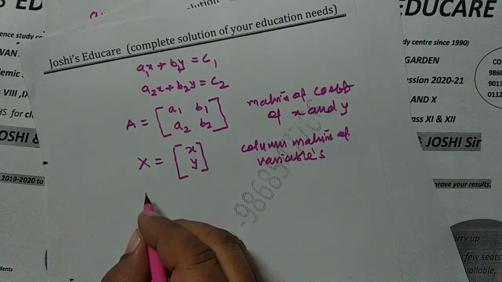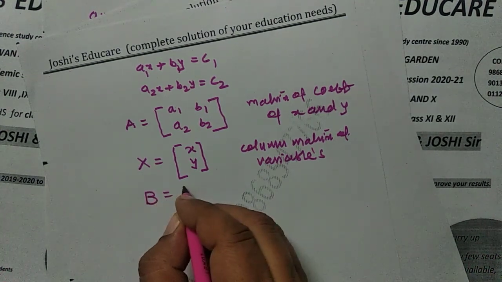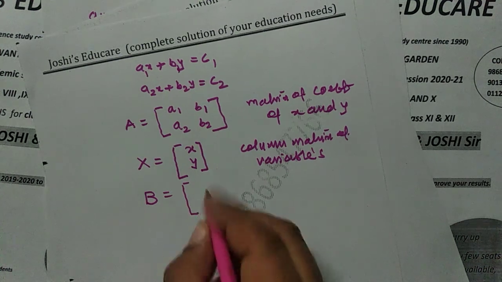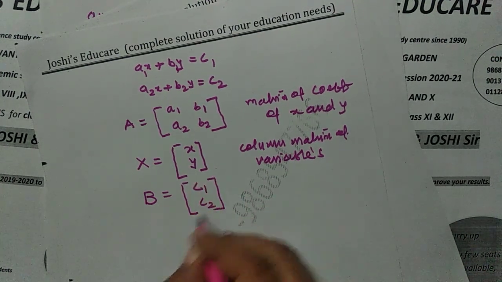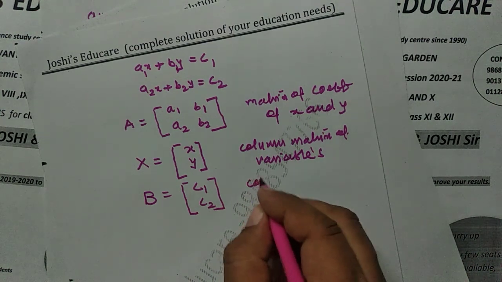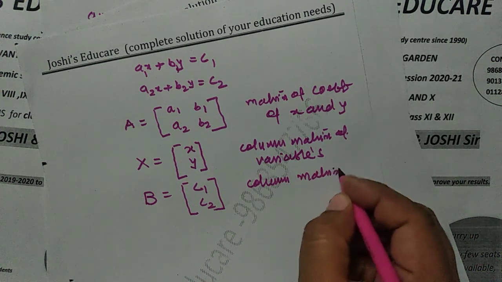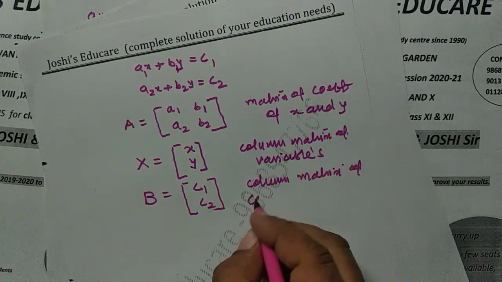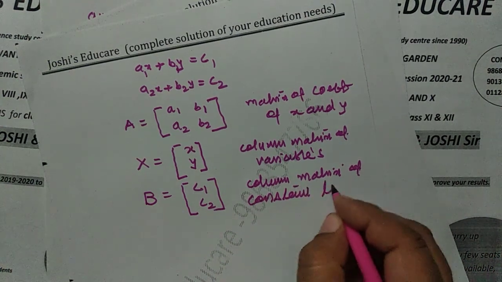And the third matrix is represented by B, and this is a column matrix of the constant terms, like c1 and c2, which are the constant coefficients in this.